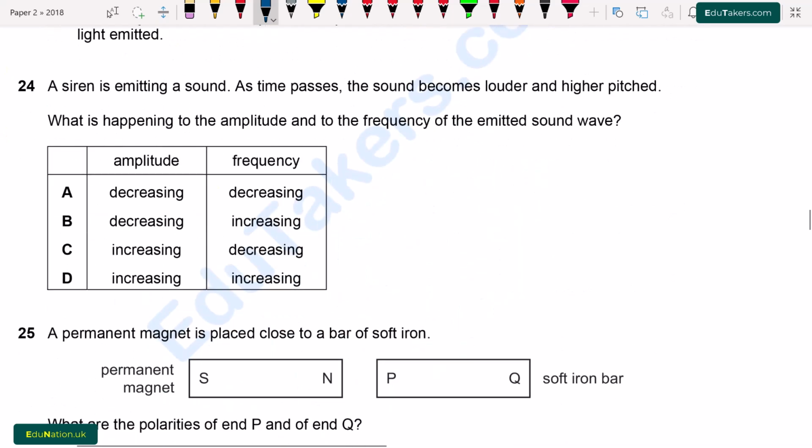Question number 24. A siren is emitting a sound. As the time passes, the sound becomes louder and higher pitched. What is happening to the amplitude and to the frequency of the emitted sound wave? So first of all, here the sound is louder and it has high pitch.